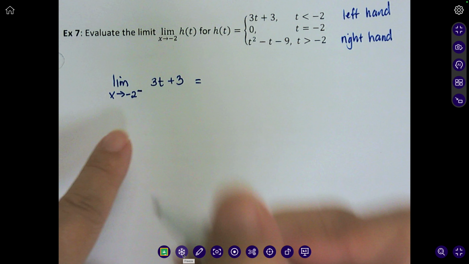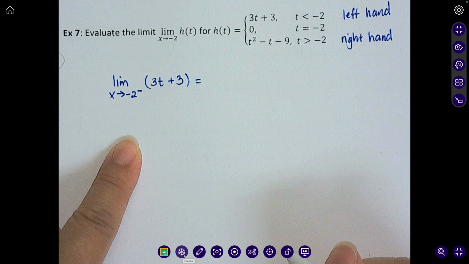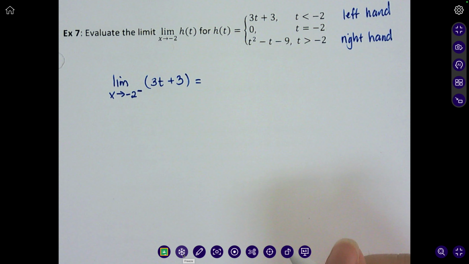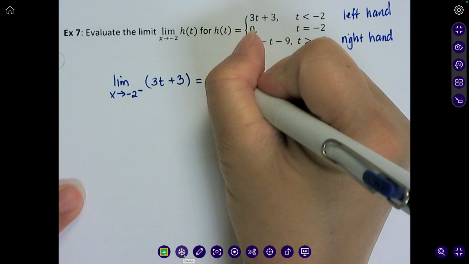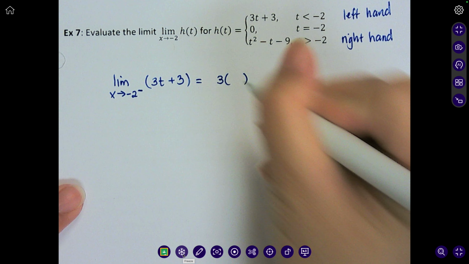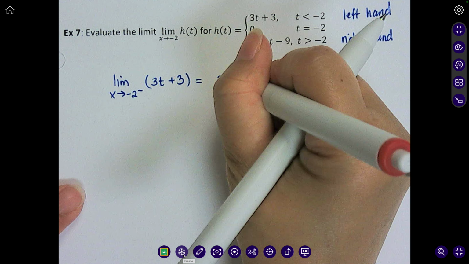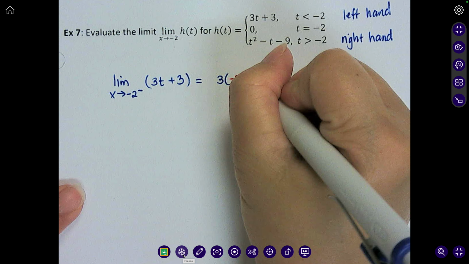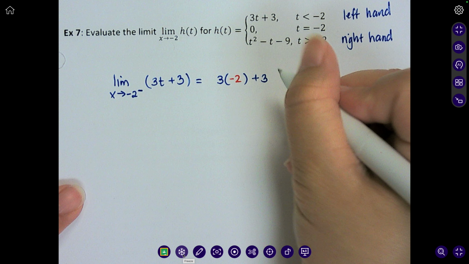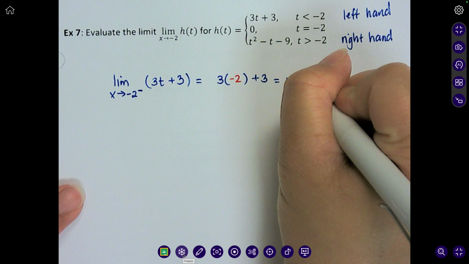Now, because this is your expression, I can just plug in the -2. It's not a ratio, so I don't have to worry about indeterminate forms or 0 in the denominator. So I can just plug that in. Remember, as you plug it in, you do not write LIM anymore. Okay, so that's going to be -6 plus 3. That's going to be a -3.